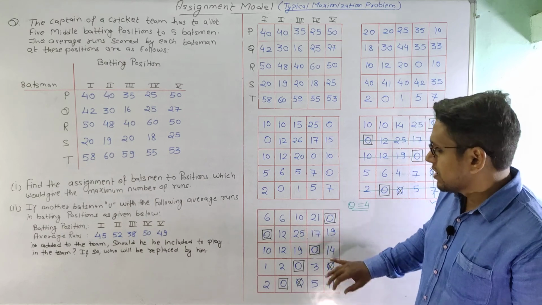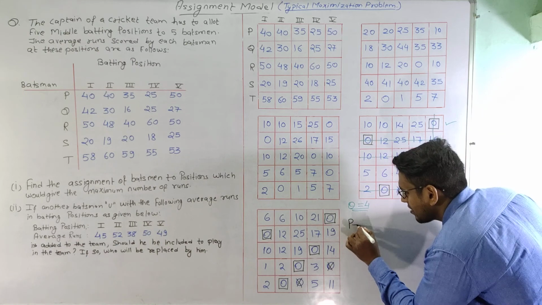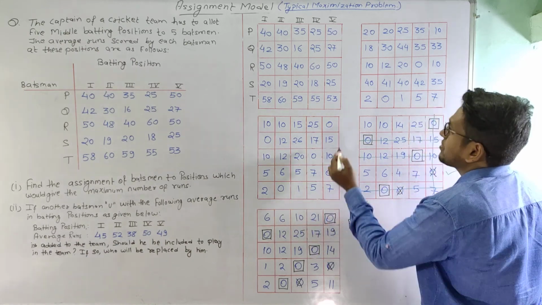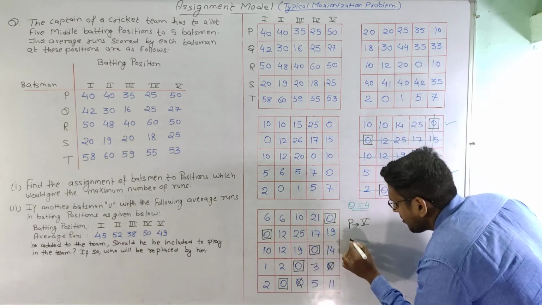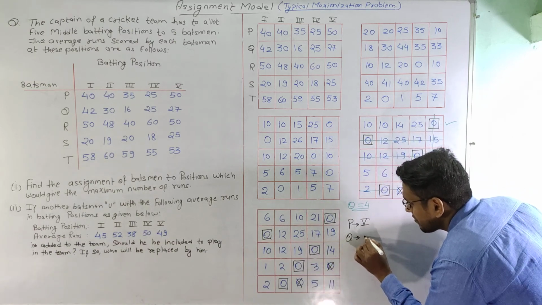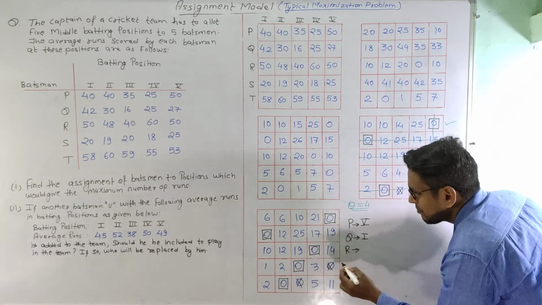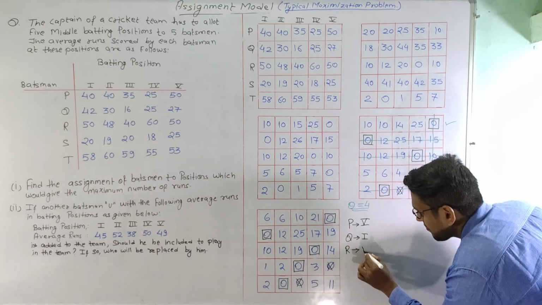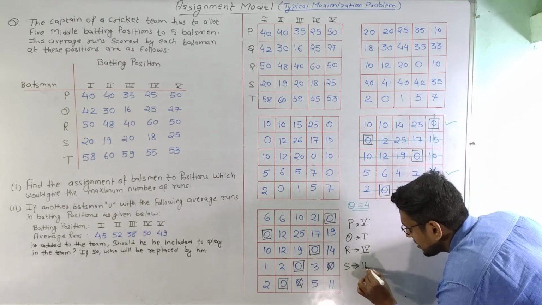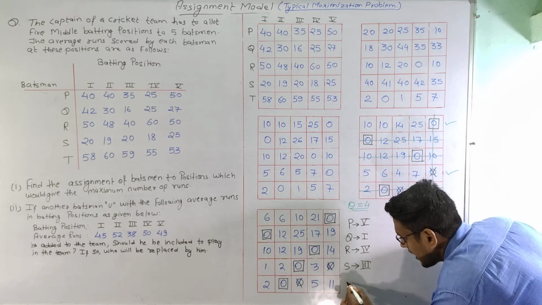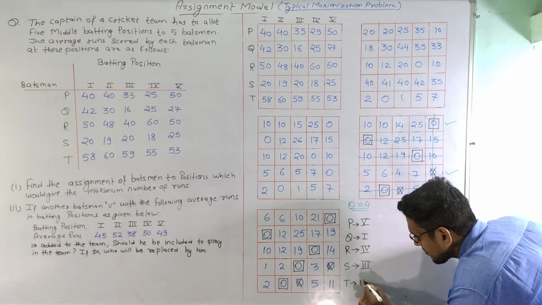So we can see the assignment made here is: P will play at position 5, Q will play at position 1, R will play at position 4, S will play at position 3, and T will play at position 2.